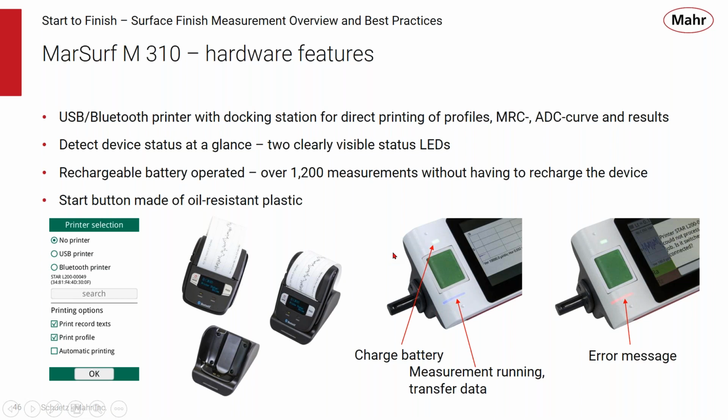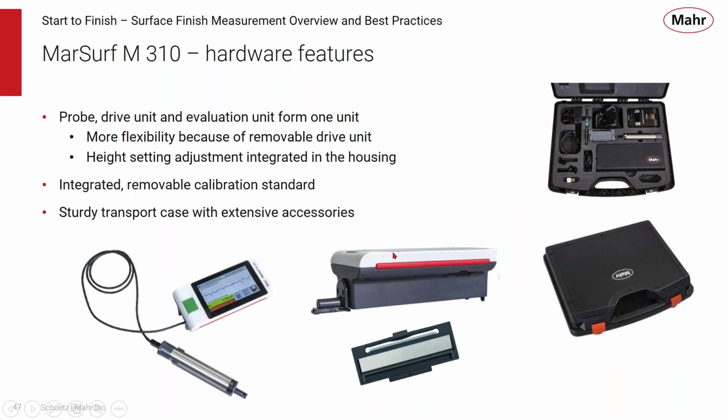It's really robust, meant to be used at the point of manufacture. Again, this has the remote drive unit, and they can be separated and be built into different types of gauging applications, the integrated calibration standard, and it comes with a nice transport case as part of the package.